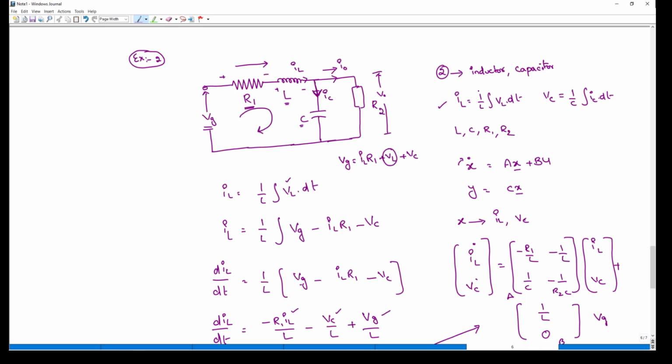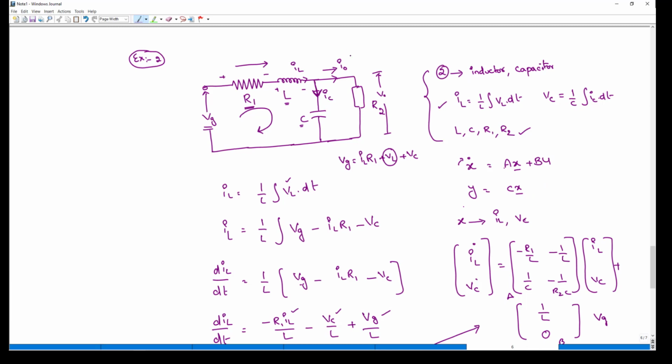First of all, we have to find out the equation for inductor and capacitor. IL is equal to 1 by L integral VL dt, Vc is equal to 1 by C integral IC dt. What are the other parameters that they have given? Input as Vg, R1, L, C and R2. These are the parameters. Whatever equation we want to represent has to be in the form of x dot equal to Ax plus Bu, y equal to Cx plus du.